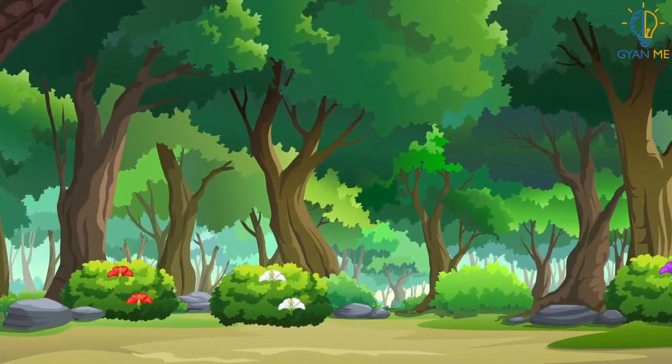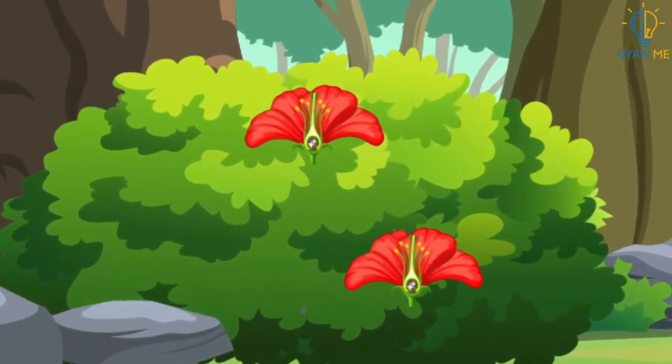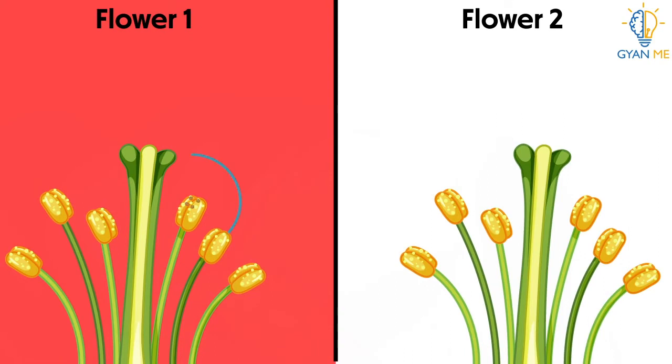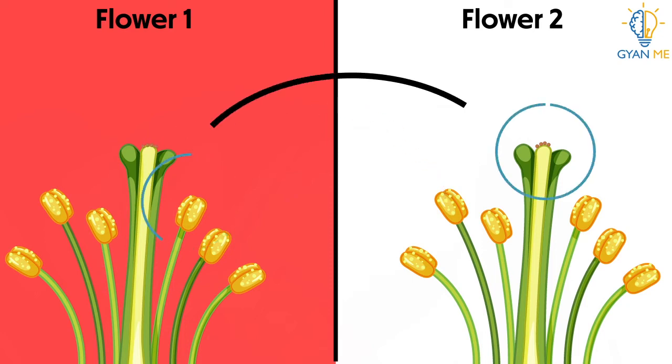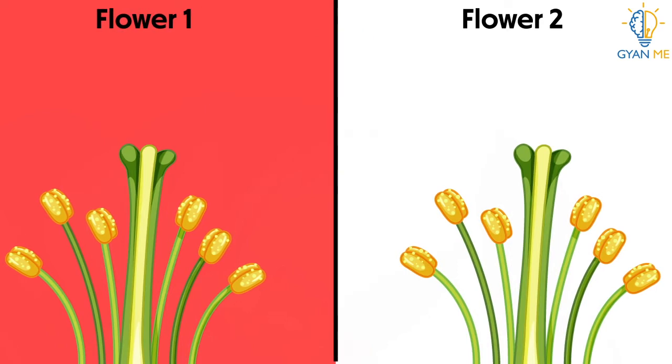Observe this one plant having beautiful flowers on it, isn't it? Yes. When the pollen from the anthers of this flower travel for some distance to the flowers on the other plant, say here, and stick on the stigma of this flower, it is called as cross-pollination. We can clearly see here that genes from two different flowers, in fact two different plants, are getting mixed here.